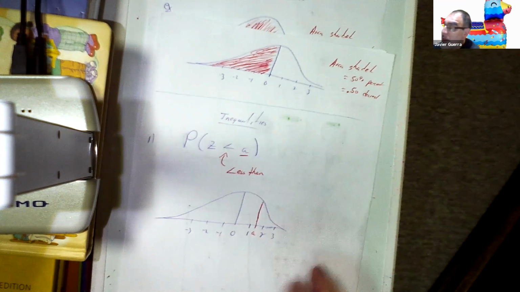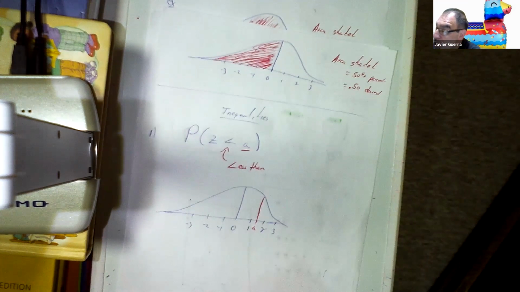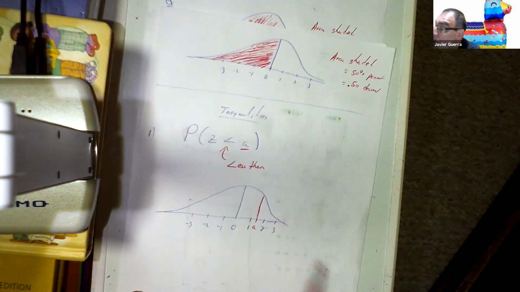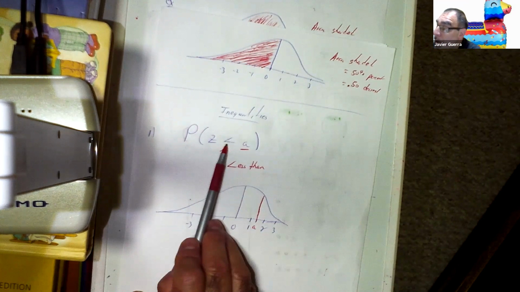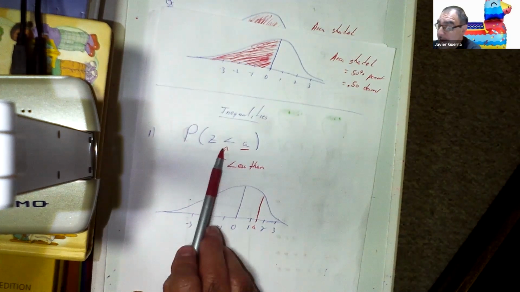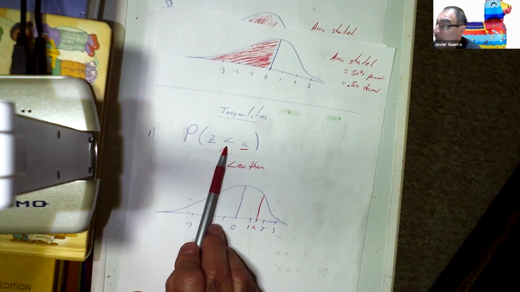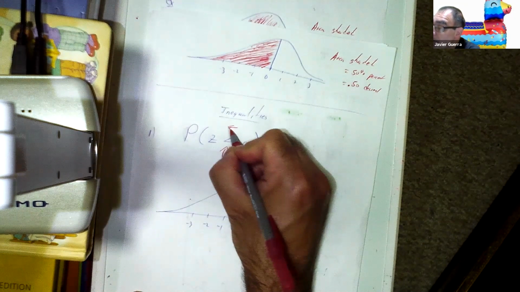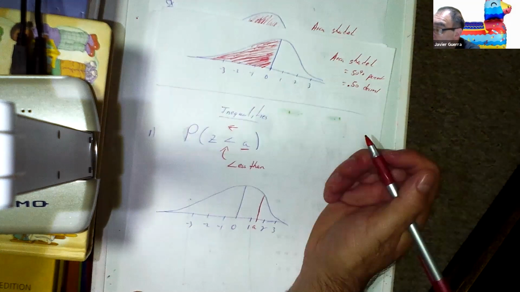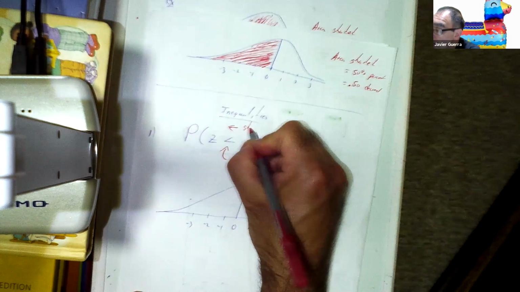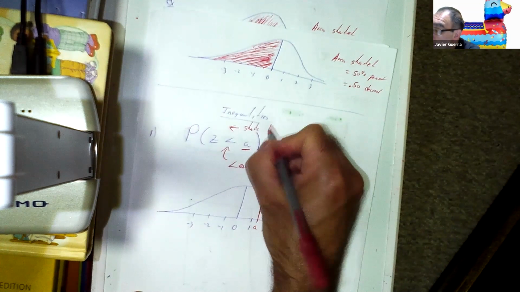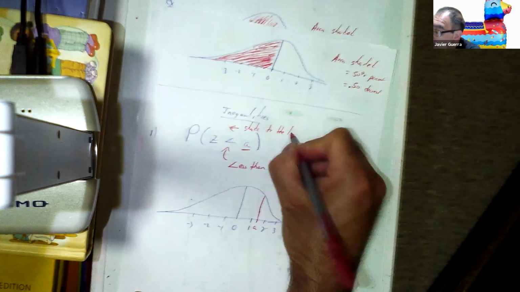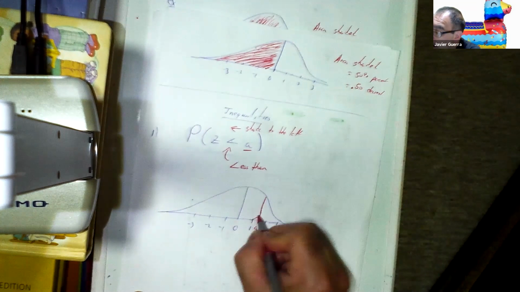And then you have to figure out, well, what do I shade? The inequality is telling you the direction of where you're graphing. So you're going to shade to the left, all of it, from that line.